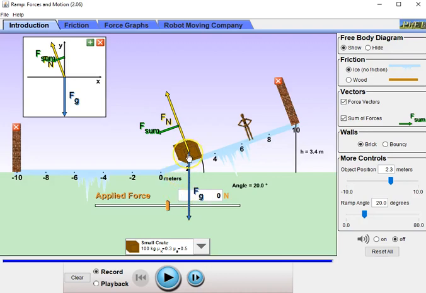So this is where we need to consider resolution of forces. And which force do we resolve? Normal contact, the F sum, or this? Now always remember that resolution of forces, the choice to resolve a force, depends on your choice of x and y, or your choice of vertical and horizontal.